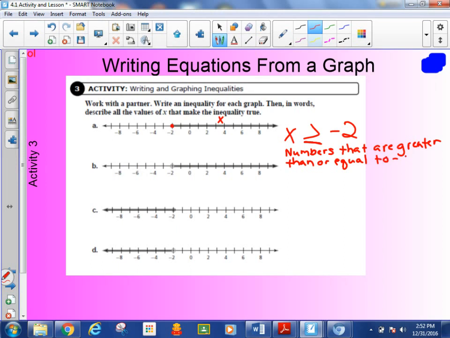Sorry, I put a negative. No, it was -2. Or greater than or equal to -2. So here's the first part, and here's the second part. We have to write the equation, and then we have to write in words what that means. So basically, I'm taking that inequality and just writing it out in words. X is greater than or equal to -2. Okay, so that's what you're going to do for B, C, and D, and then you can check your answers off of the answer key.